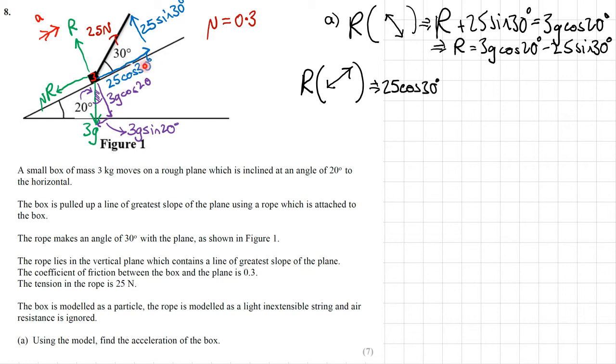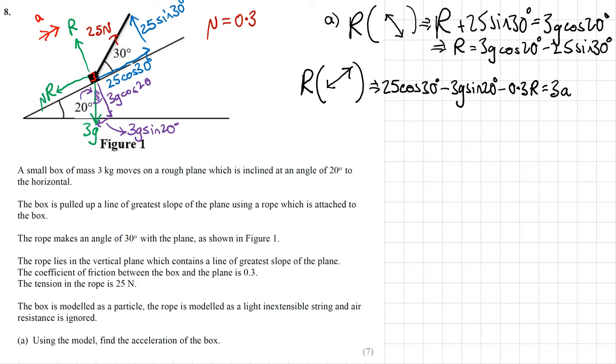There are no other up forces. The opposing forces are going to be 3g sine 20, so minus 3g sine 20, and minus the mu R. Now mu is 0.3, so 0.3 R is equal to ma, and the mass is 3, so 3a.